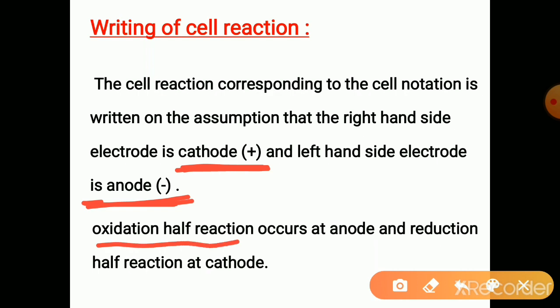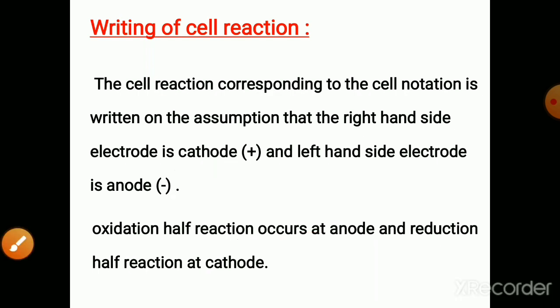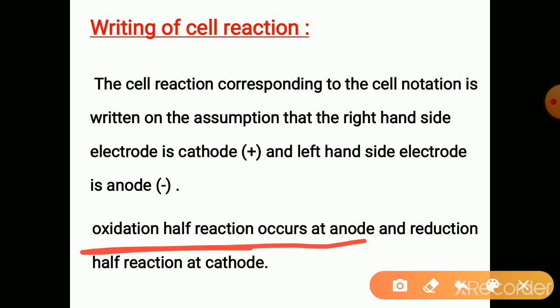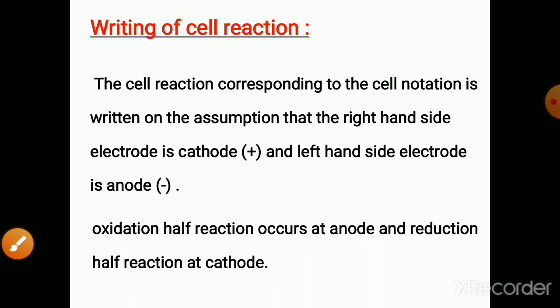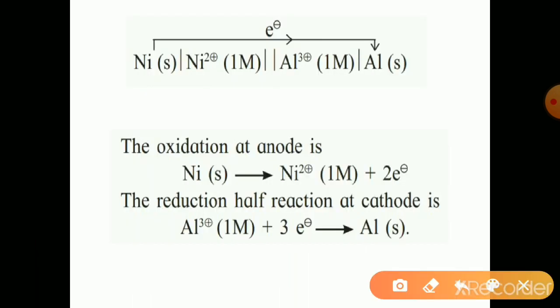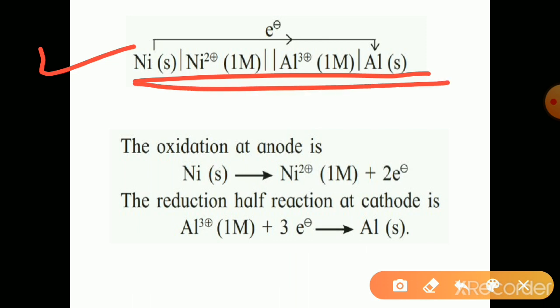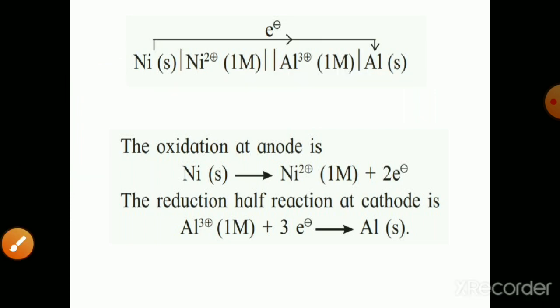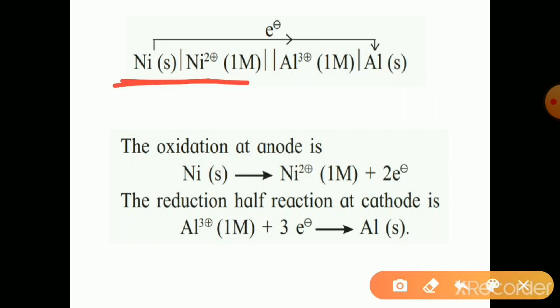So oxidation half reaction occurs at the anode, that is the left hand side electrode, and reduction half reaction occurs at the cathode, that is the right hand side electrode. Corresponding to this representation we need to write the cell reaction. So oxidation is occurring here, and reduction occurs here.